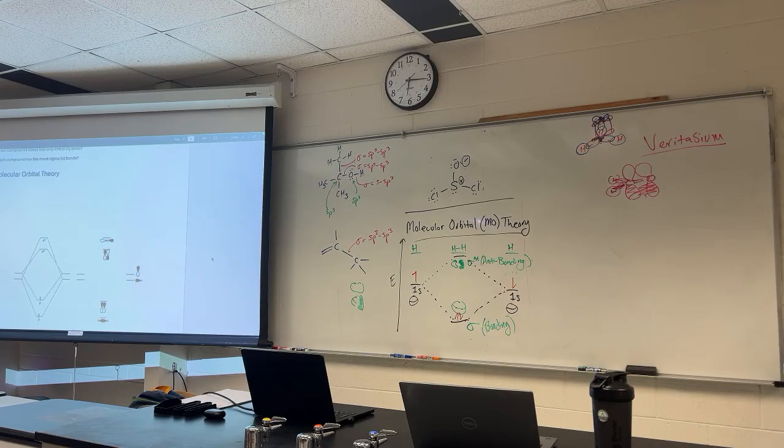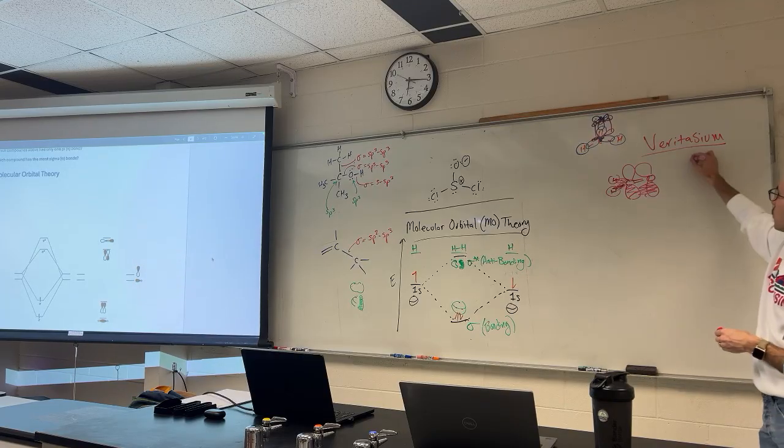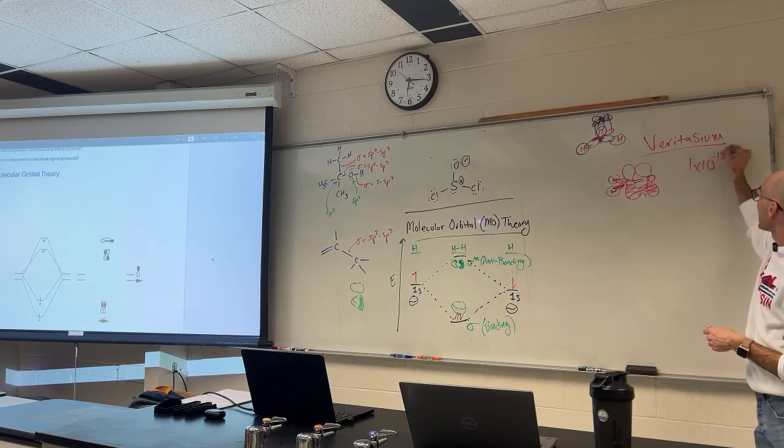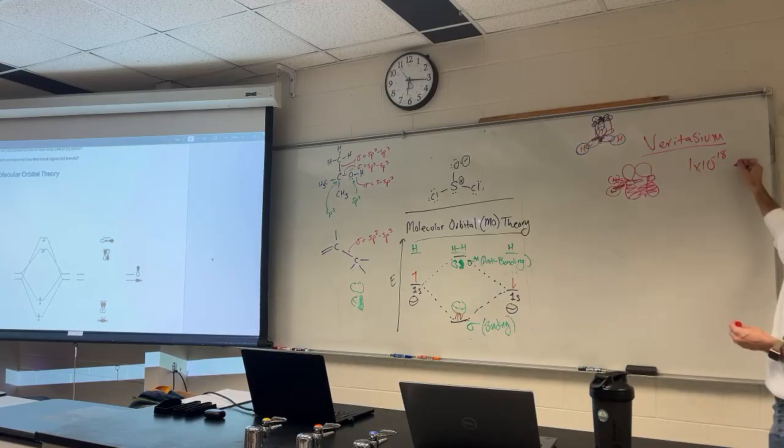And to give you some context, electrons move so fast. Do you know how fast? Crazy fast. The speed at which electrons move around is on the scale of attoseconds, which is 1 × 10⁻¹⁸ seconds.